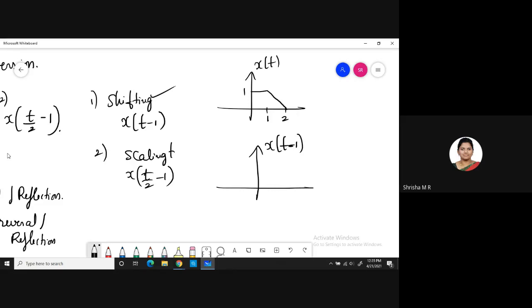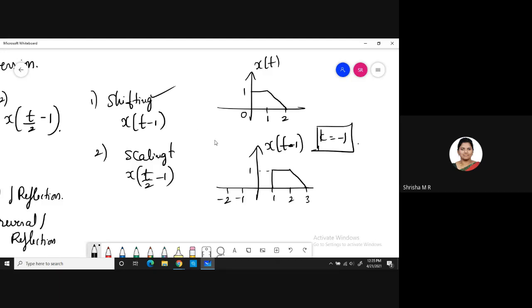What happens to the signal? Here the shifting factor k is minus 1. So the signal will get delayed by 1 instant, so it will be present from 1 to 3 with an amplitude 1.